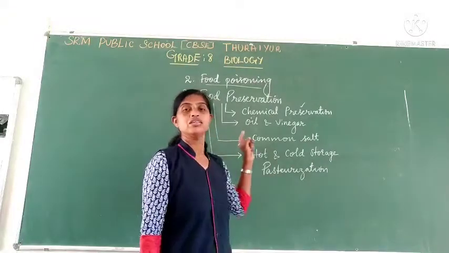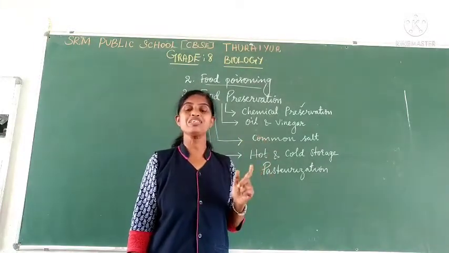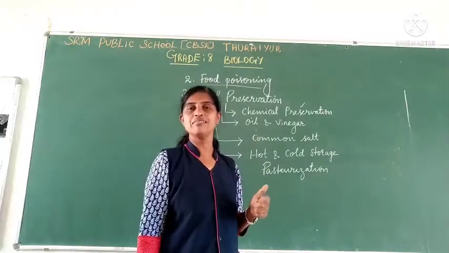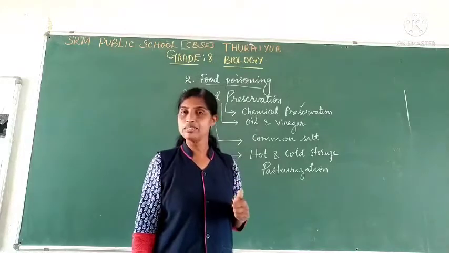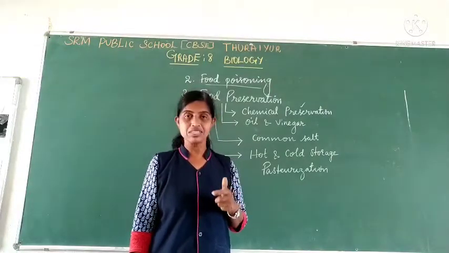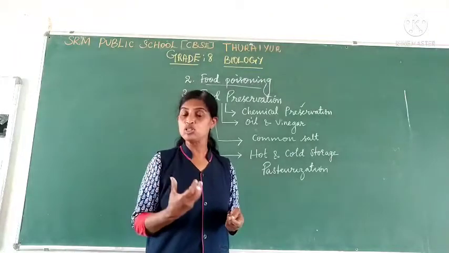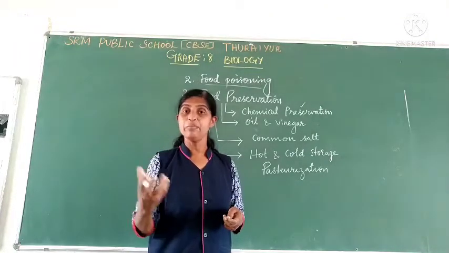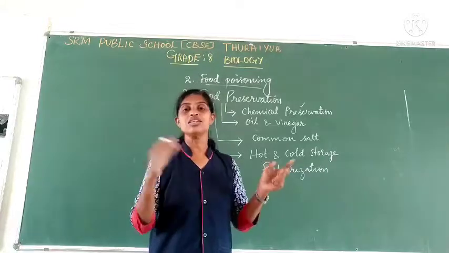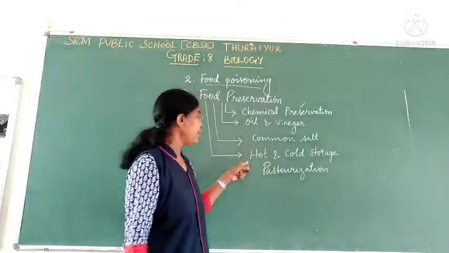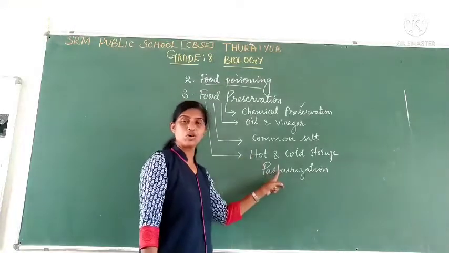Then common salt. Yes, common salt is used to preserve meat, fish, dry fishes, right? Salted dry fish, and then salted meat, then even the vegetables, like especially amla, gooseberries, then lemon, mangoes. So these are all preserved by using salt. And then hot and cold storage.